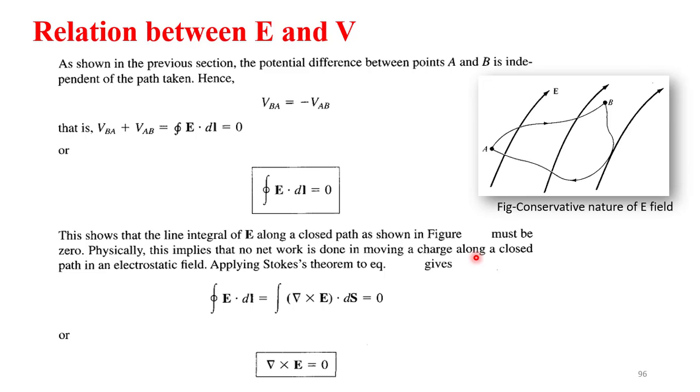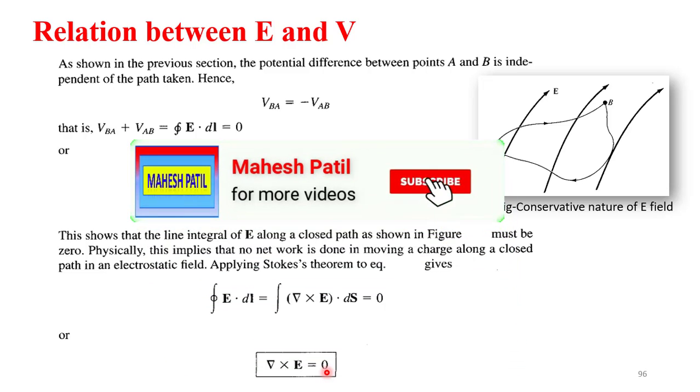So we get work done as 0. Clear? Del cross E must be equal to 0. This itself is one of the Maxwell's equations, that is, the conservative property of potential, the conservative nature of electric field intensity. So del cross E is equal to 0.